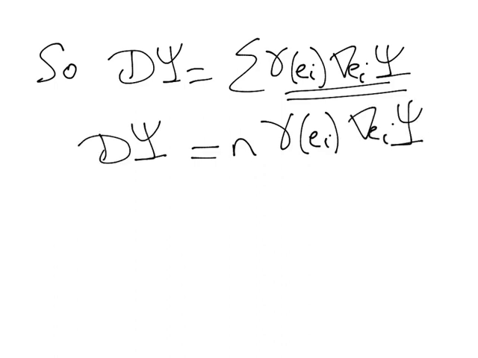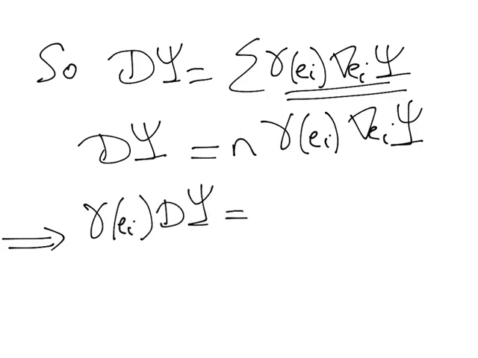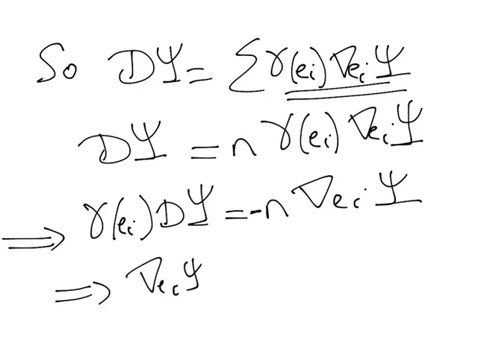Clifford multiply both sides by gamma ei to get gamma ei deep psi is n gamma ei Clifford gamma ei, this is minus 1 nabla ei psi, or if you want you can write it as nabla ei psi plus 1 over n gamma ei deep psi is 0.